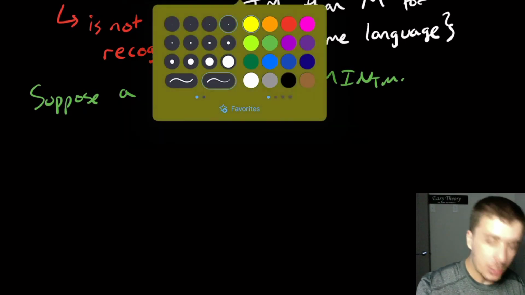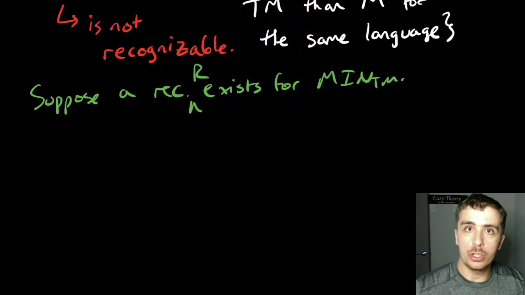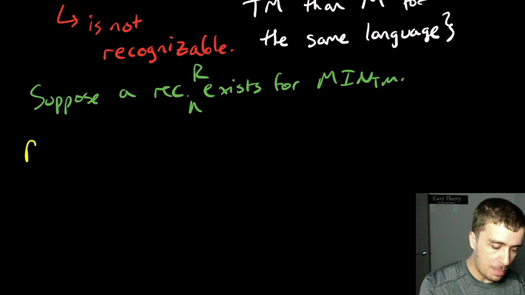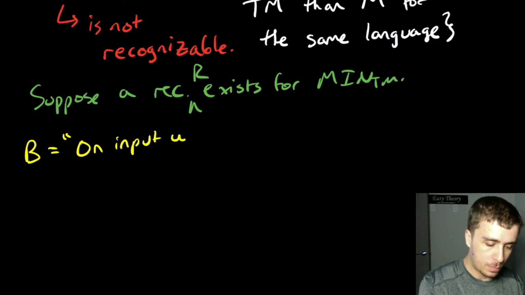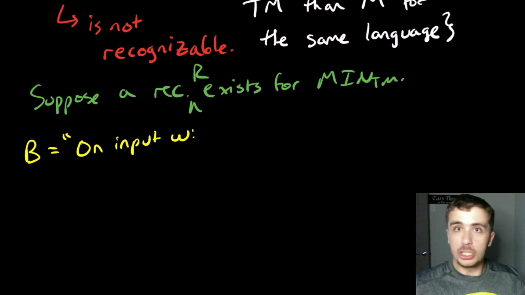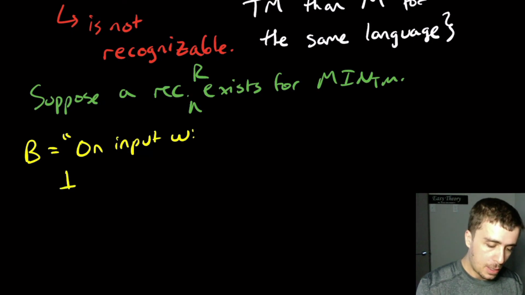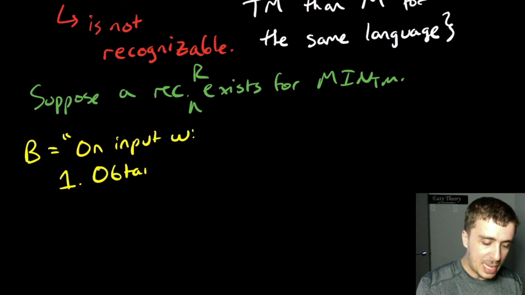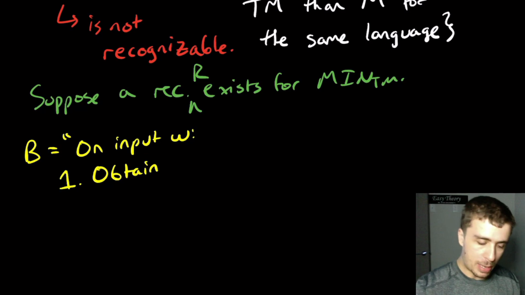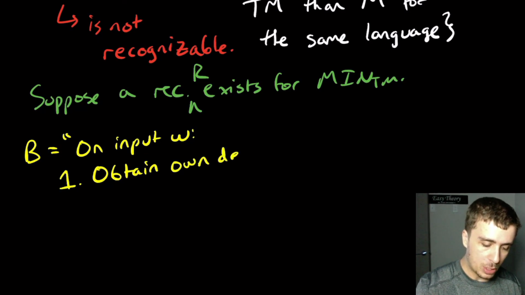I'm going to build a machine that again is going to get us a logical contradiction. I'm going to call it B again. On input W, this is just some arbitrary input, the first step is I'm going to obtain its own description again.